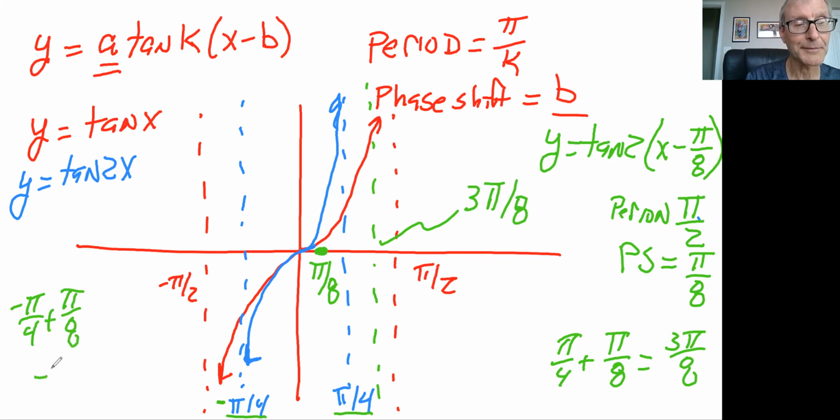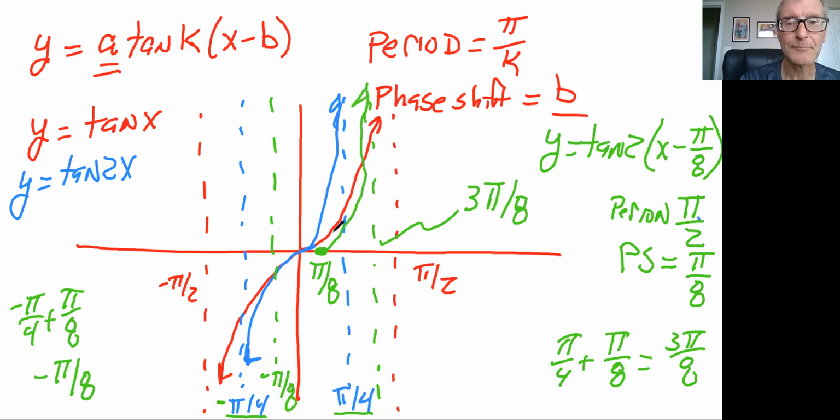When you add those together, you get minus pi over 8. So basically what you do here is that would be the other green asymptote, minus pi over 8. Again, the 0 point is pi over 8, so it would go up like that and down like that. So that's really what we're looking for in this concept of sketching a tan function.